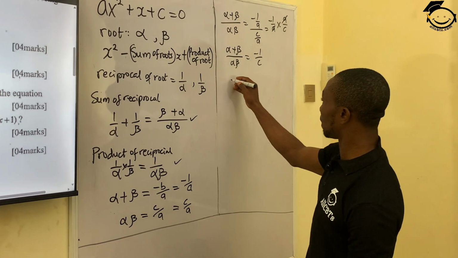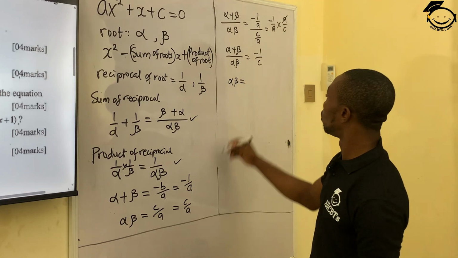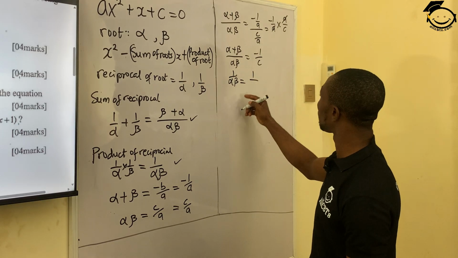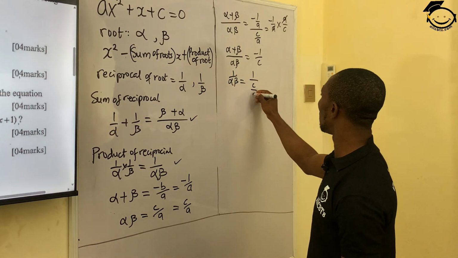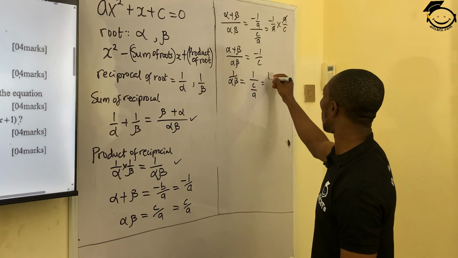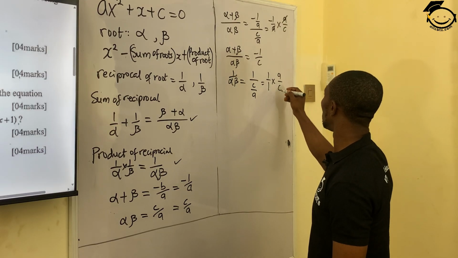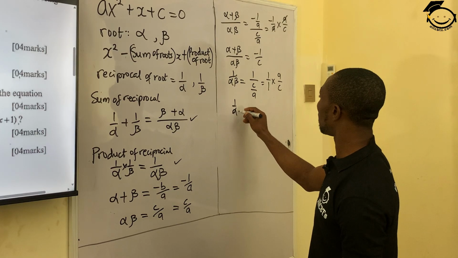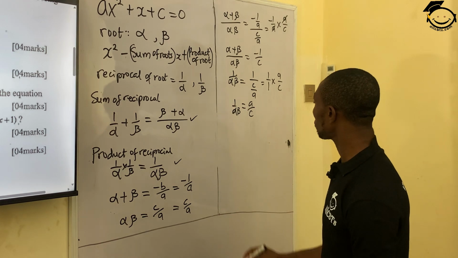Now, for the product aspect, we are having 1 over alpha beta. So this will become 1 all over, our alpha beta is c over a, which in turn will become 1 over 1 times a over c. So 1 over alpha beta is going to give us a over c.